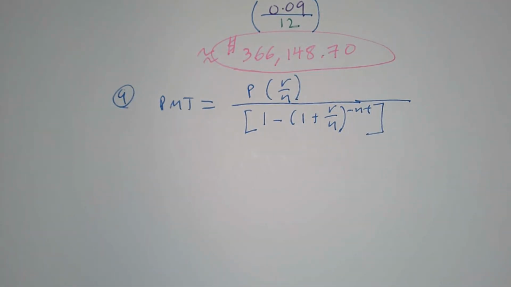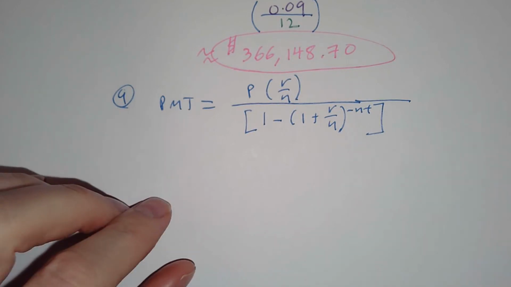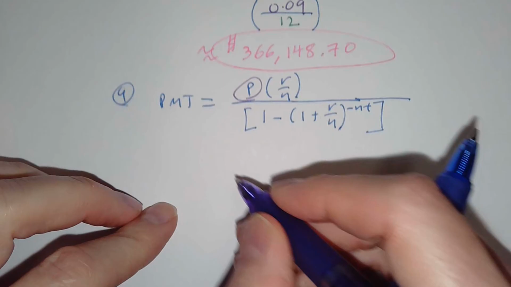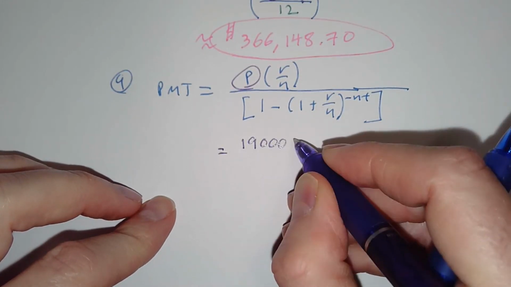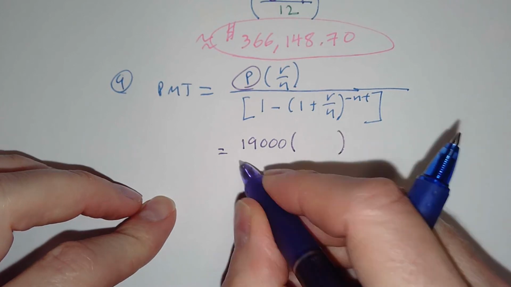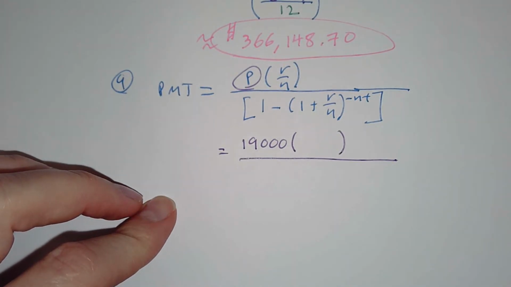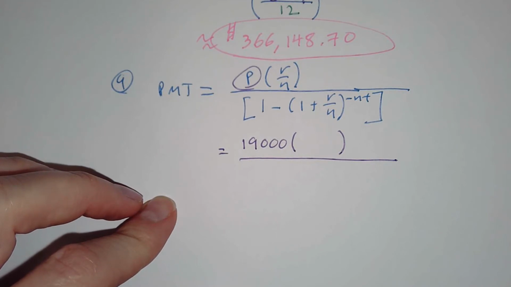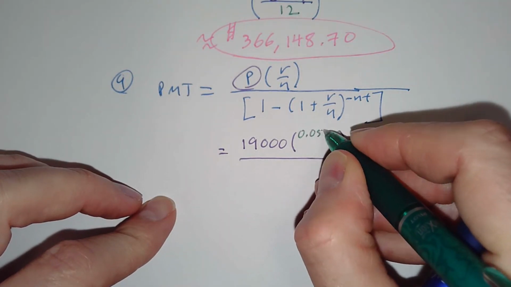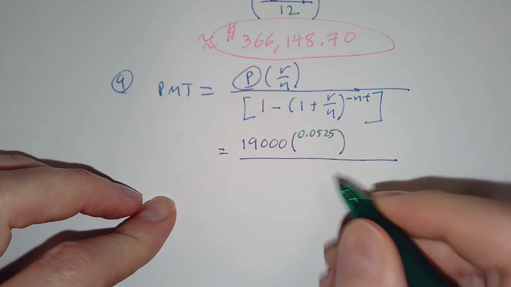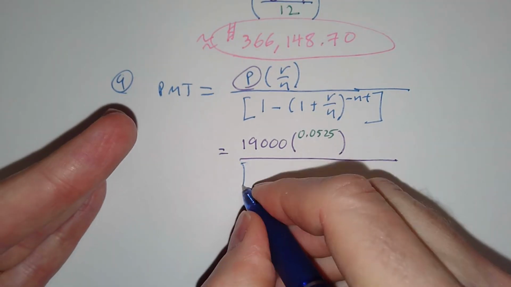So first of all, we have to identify the P. And here it's 19,000. Next, we're going to identify R, and they told us the interest rate here was 5.25%. So I'm going to write that as a decimal, 0.0525. And see, we also have it down here.